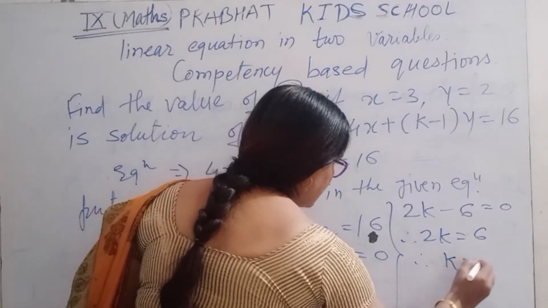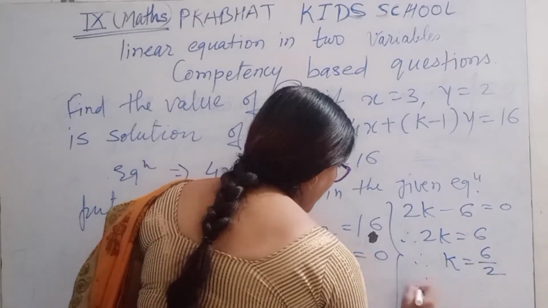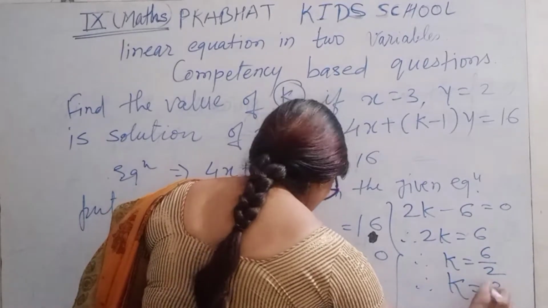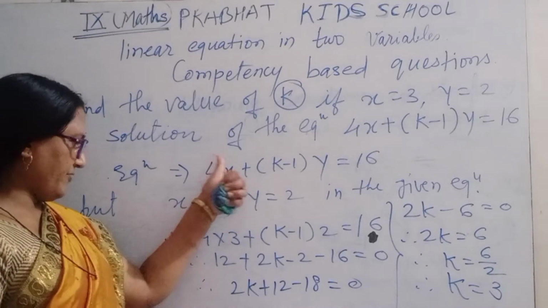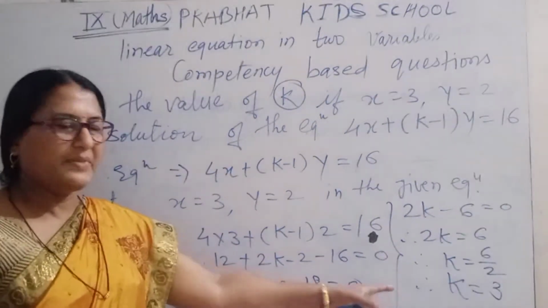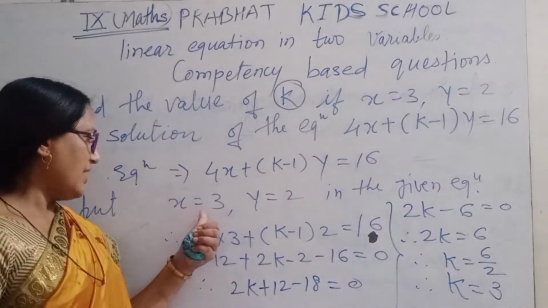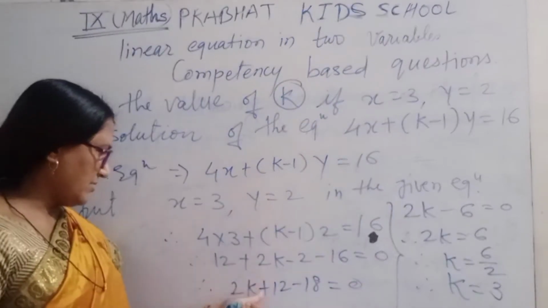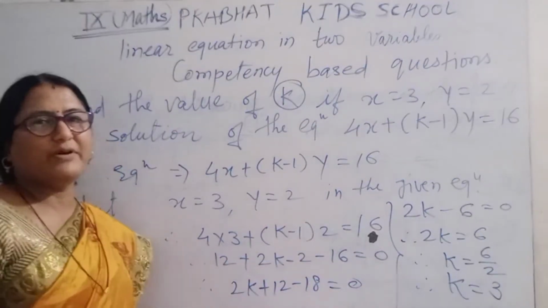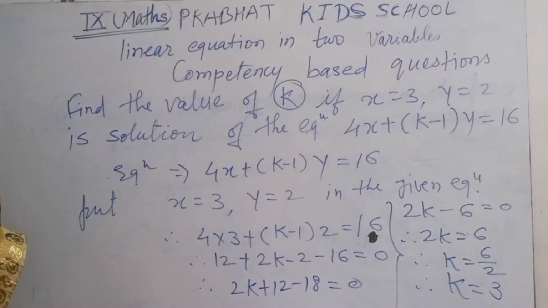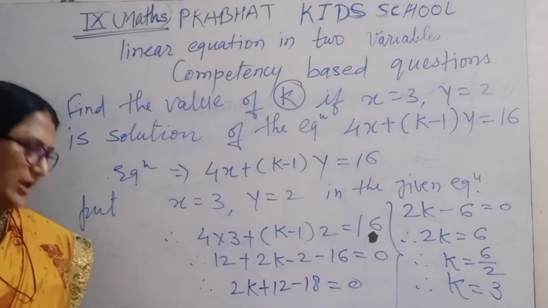Therefore k is equal to 6 divided by 2. k is equal to 3. Clear? Understood? How do I find the value of k? By putting the values of x and y in the equation. I rewrite the equation and then I solve it, and the value of k is 3. Clear? One more example we are taking.